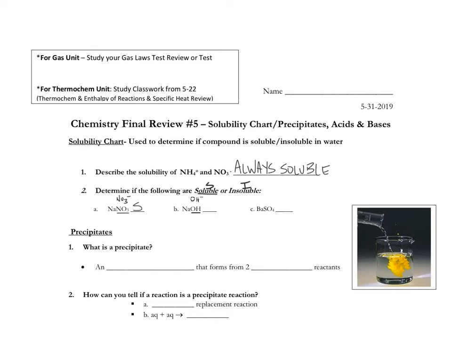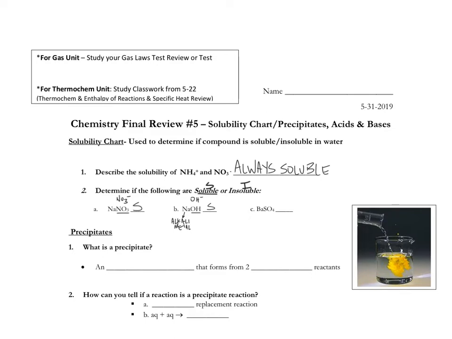The alkali metal ions are group 1 in my periodic table. Group 1 are the alkali metals, and I know that sodium is in group 1. So sodium is an alkali metal, which means it does meet the exceptions. So instead of being insoluble, it is now soluble because sodium is an alkali metal.